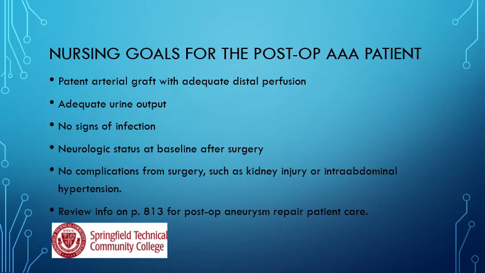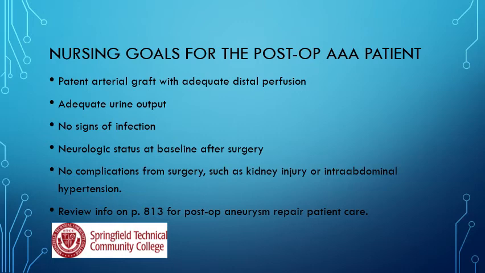So once again, the nursing goals for these postoperative AAA patients: make sure they have good perfusion distal to the graft. So you're going to make sure you mark those pulses on the feet, and you're checking them as often as ordered. Make sure their urine output is adequate. No signs of infection, so any temperature after surgery, any elevated white blood cell count, you're worried about infection in these patients.